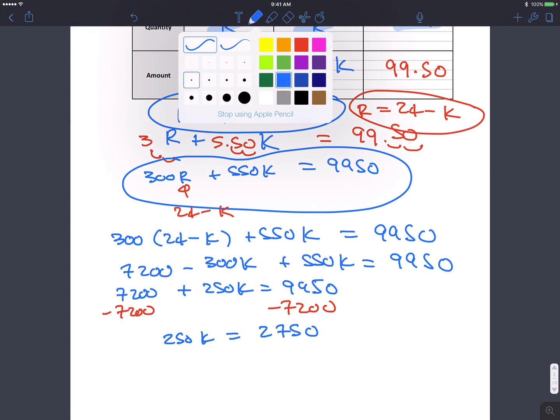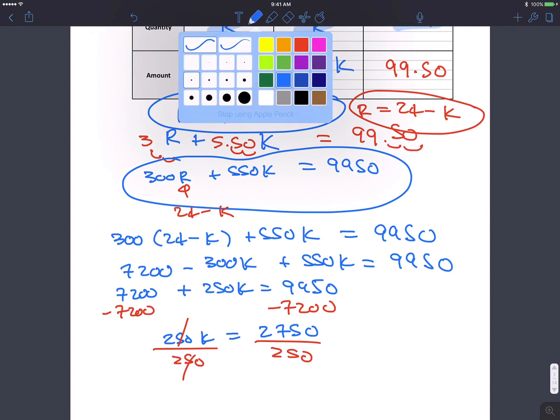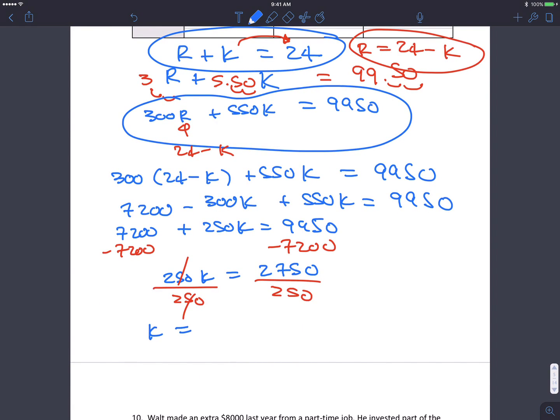So we're now going to divide both sides here by 250. K is 2750 divided by 250, which we find is going to be 11. So K is 11.